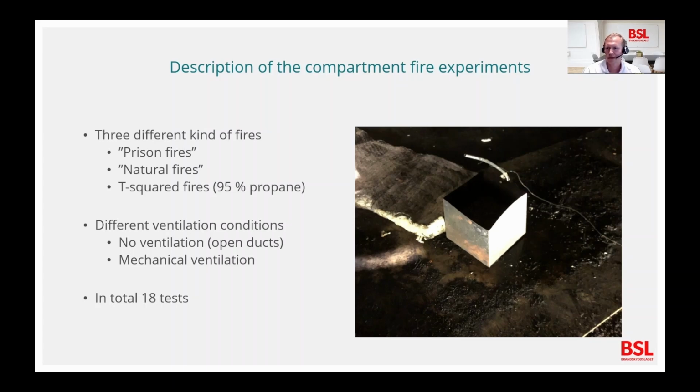Only in the T-squared fire tests was the heat release rate given as an input, and therefore my work is limited to these tests. During these fires, they used a gas burner with fuel comprised of 95% propane.